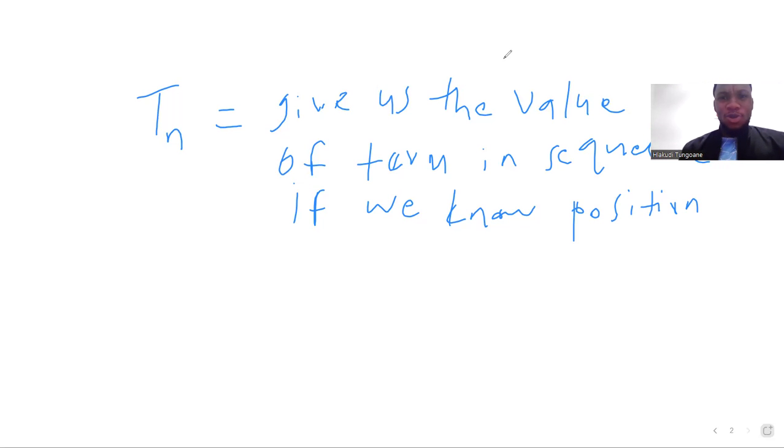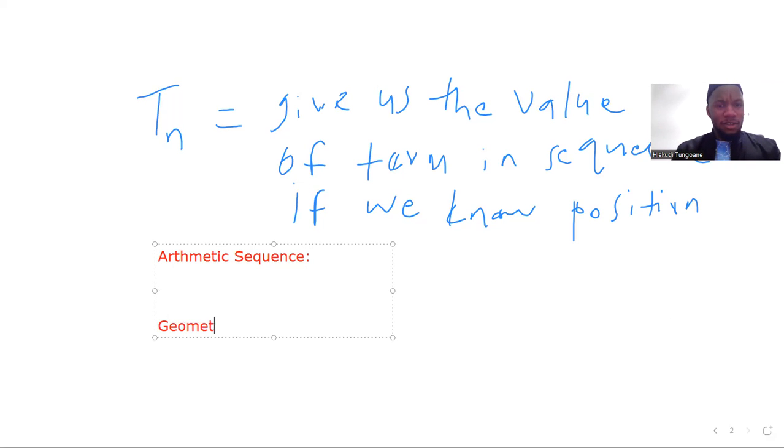So for the sequences that we've discussed, let's write down the general term for each. For arithmetic sequence, and then we have geometric, and then we have a quadratic sequence.